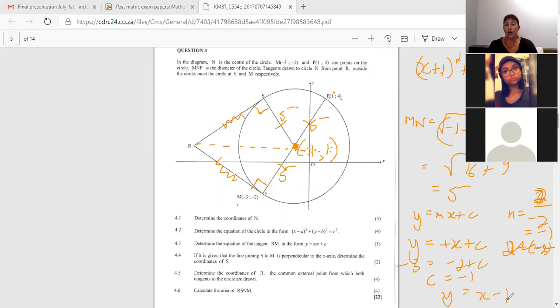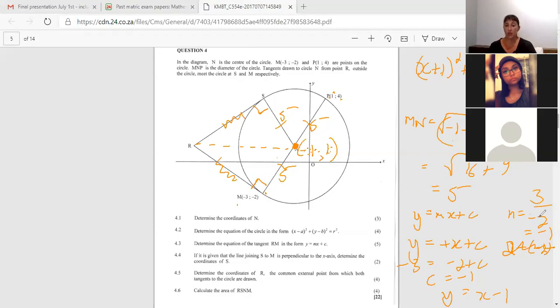Okay, so you're finding RM, straight line, y equals mx plus c. The m of this line is opposite to that, so first find it. 1 minus minus 2 was 3. And then minus 1 minus minus 3.